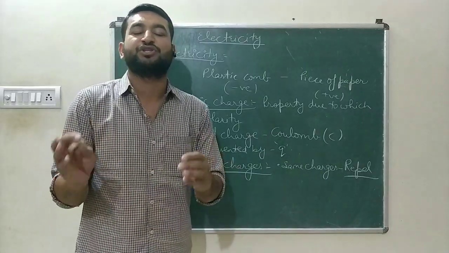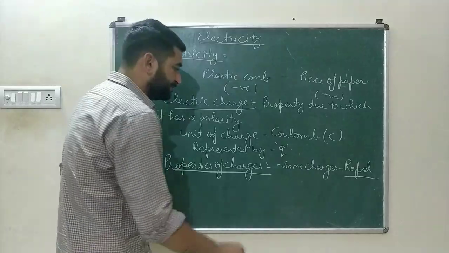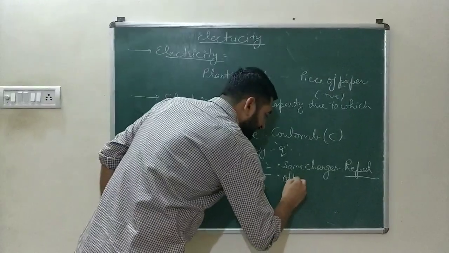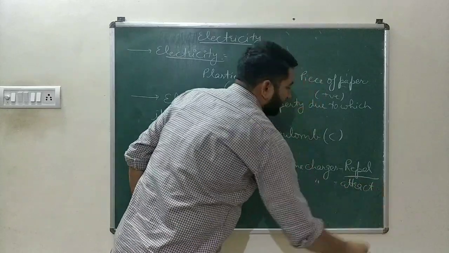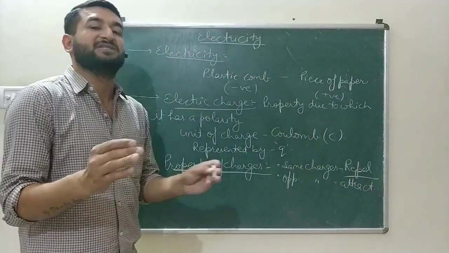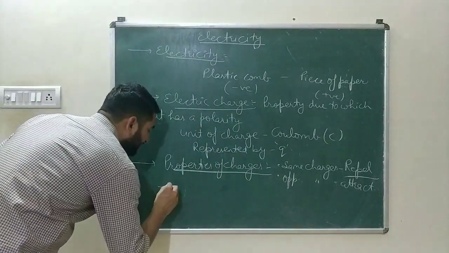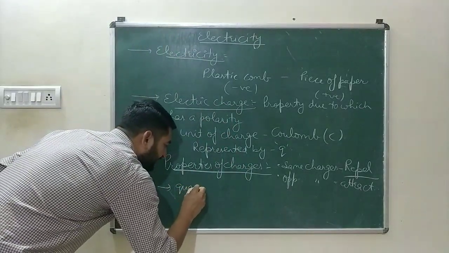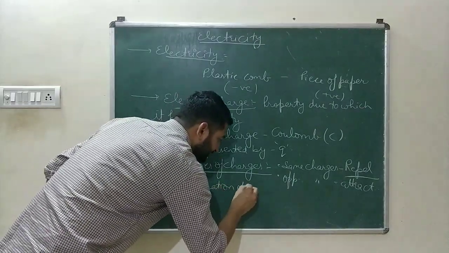Positive and positive, negative and negative, what will they do to each other? Repel. Whereas the opposite charges attract each other. That is, unlike charges attract each other. In this class, you will study another property that is known as quantization of charge.